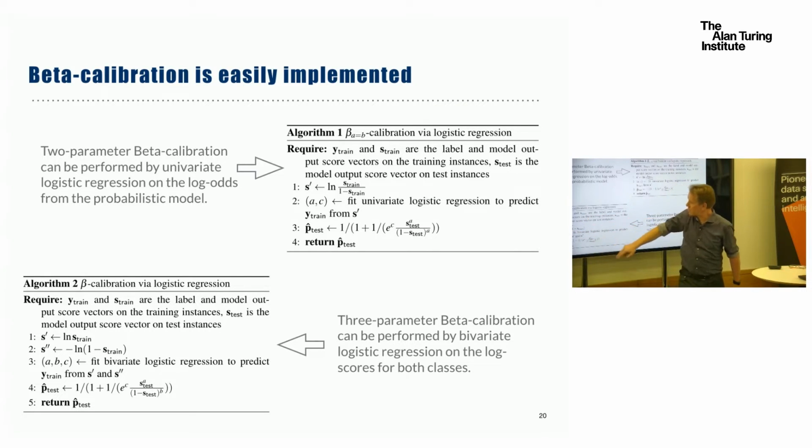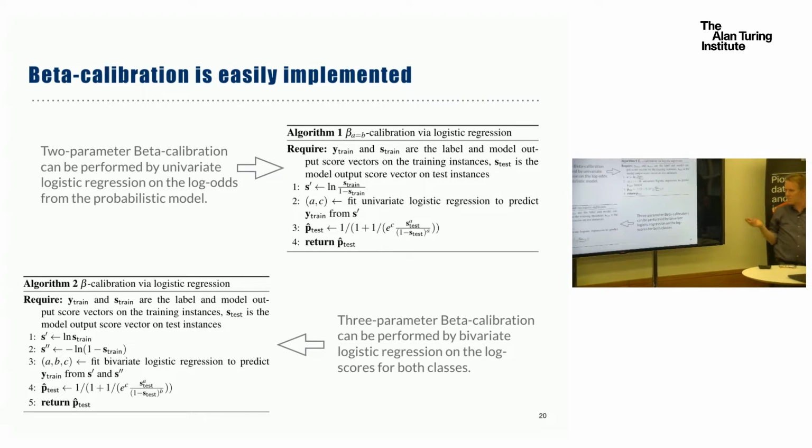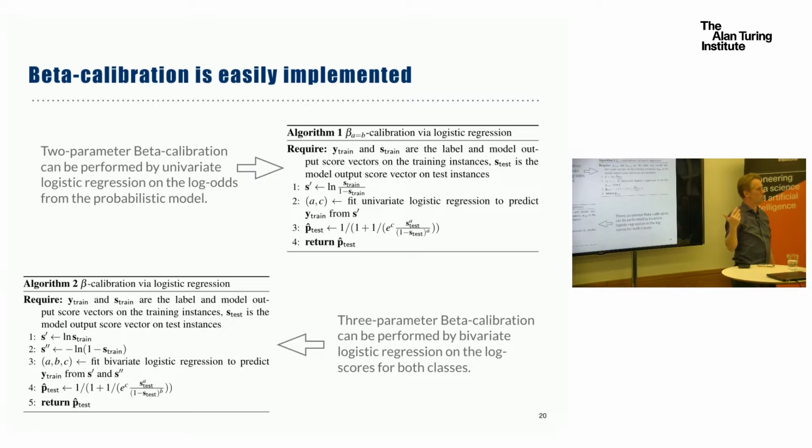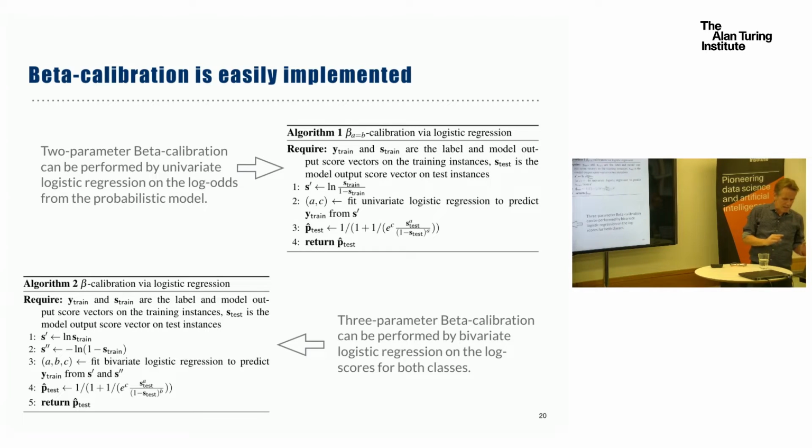Then you fit bivariate logistic regression to that, and you have the three parameters that you need. This was a really nice realization, because we just piggybacked onto scikit-learn logistic regression, and we didn't even have to implement a new algorithm. Okay, so that's the story with beta calibration.